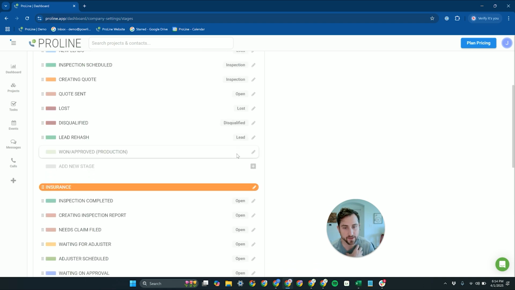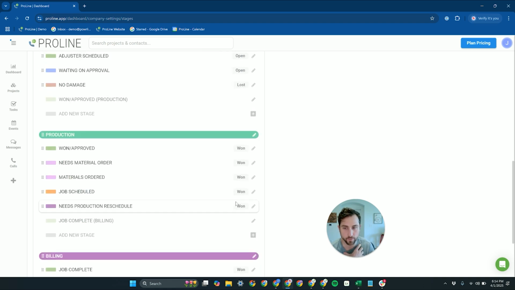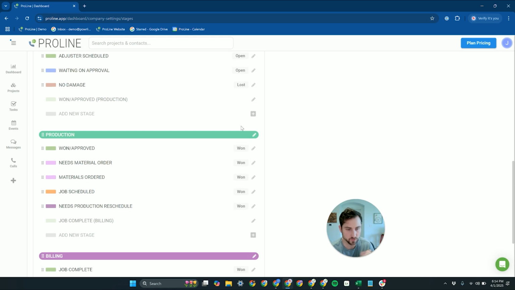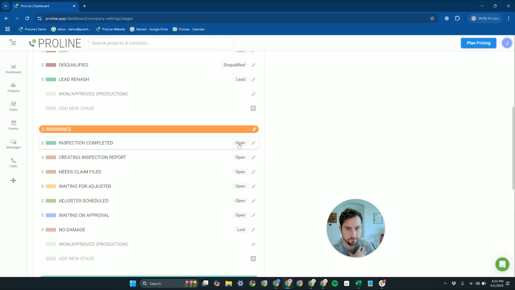So if you accidentally had open down here somewhere, if you then change it to 1, that's most likely going to fix most of your reporting numbers. Not all of them, it's not ideal, but when you do change these statuses, we run an update to try to fix and reflect that across all projects.